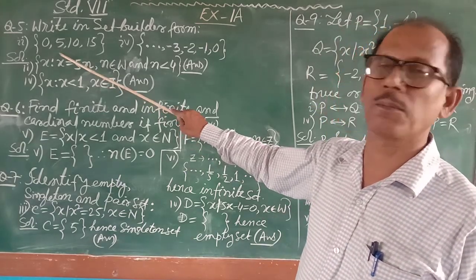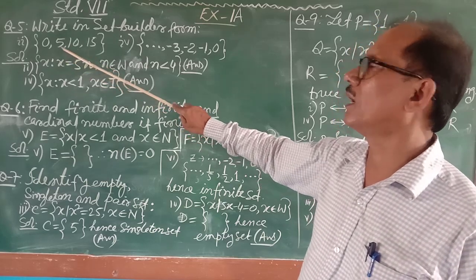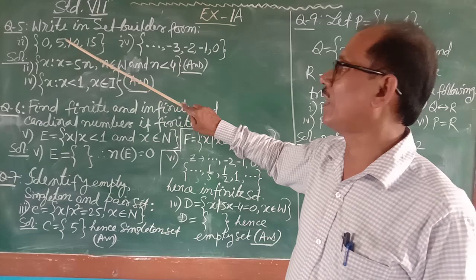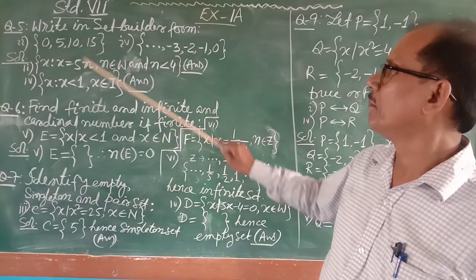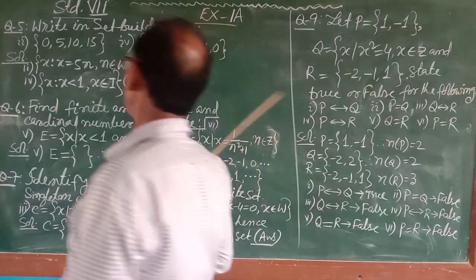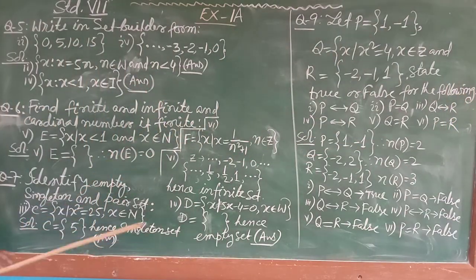So it will be a multiple of 5 with the variable a whole number, and the variable will also have a limit, because all the multiples of 5 are not included. So how will you frame it in set builder method?